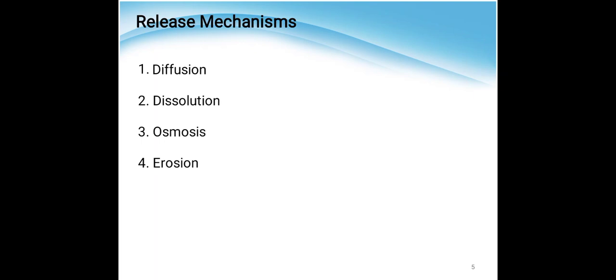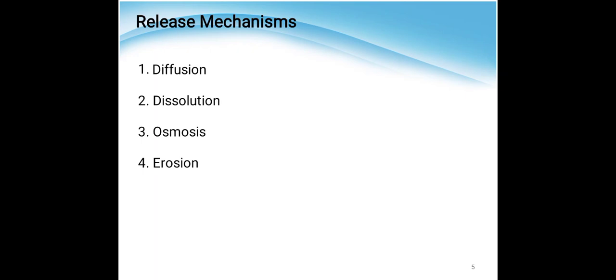Another mechanism by which release from the microencapsulation takes place is dissolution. Once again the question arises, what is dissolution? It is generally defined as when a solute is dissolved in a solvent and forms a solution. Then how is it related to the release mechanism? In this mechanism, dissolution of the polymer coat takes place.